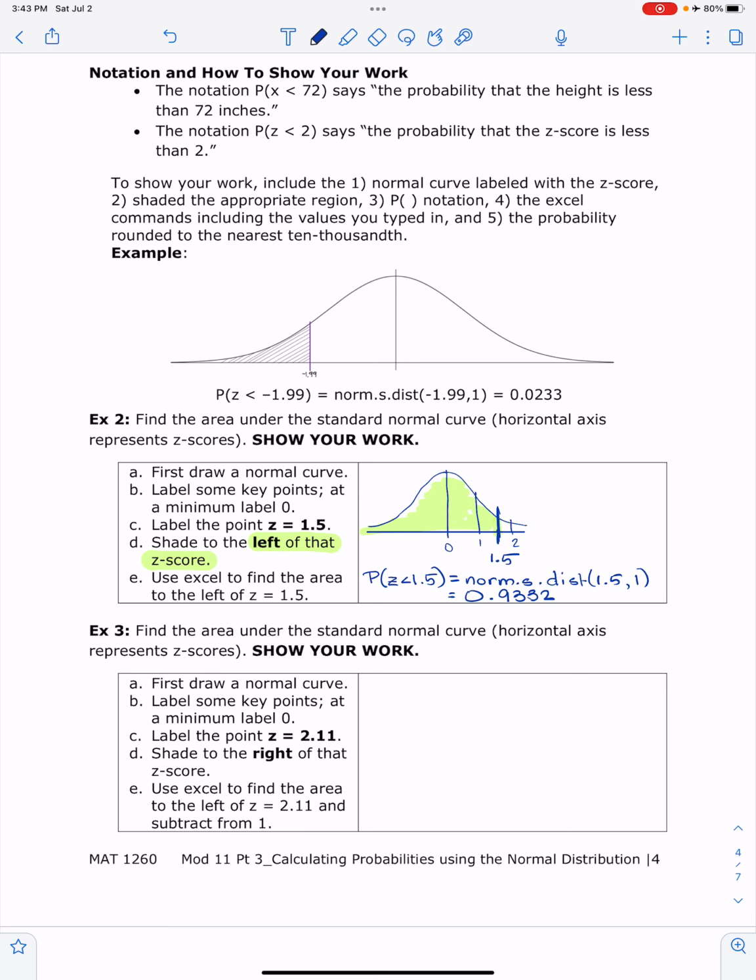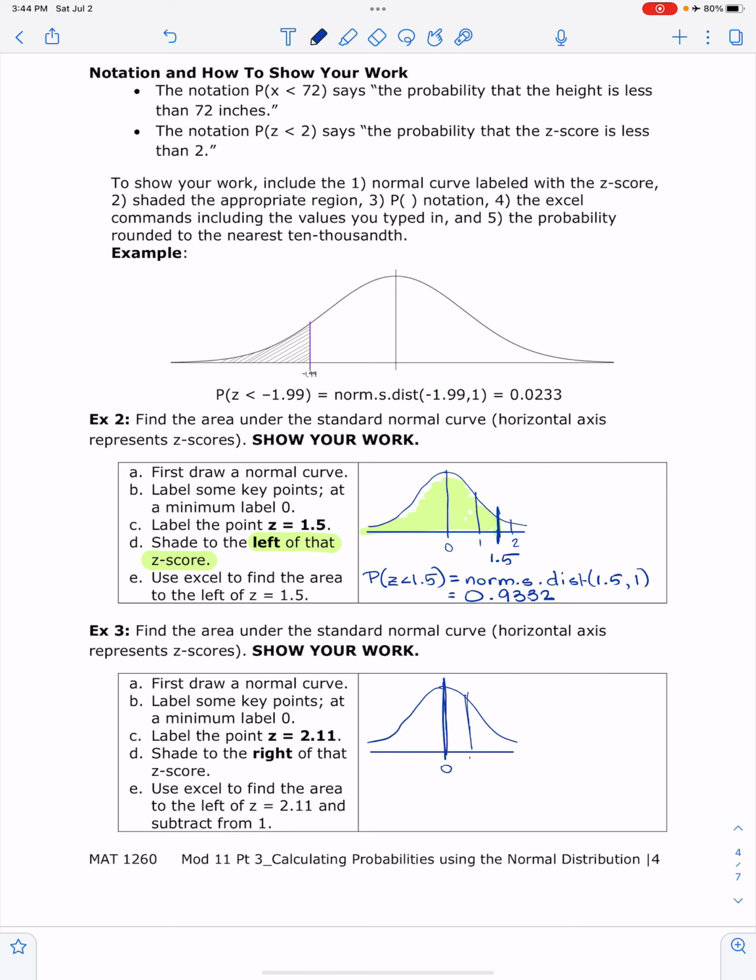We're going to do the same thing again. We want a normal curve. I've got a z-score of 2.11. So here's my mean at 0.